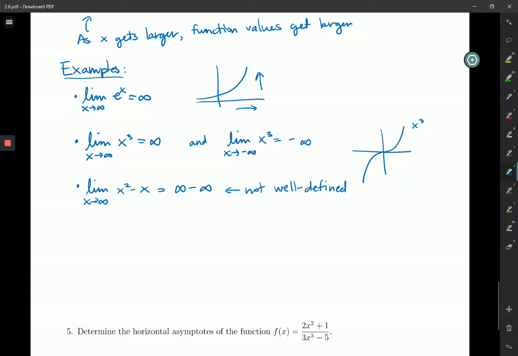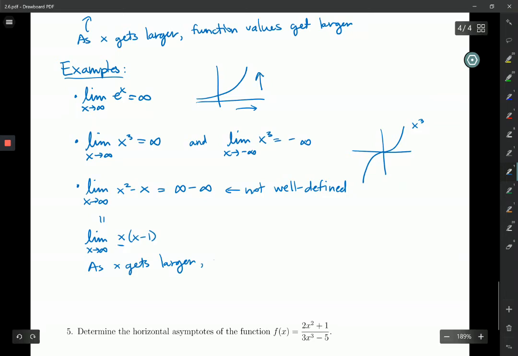But there is another way of dealing with this. We don't want to get infinity minus infinity because that's not something that's well defined. Infinity doesn't behave nicely when we try to do this. So what we can do is be a little bit clever with our algebra and factor this as x times x minus 1. Now, as x gets large, obviously this x gets large.